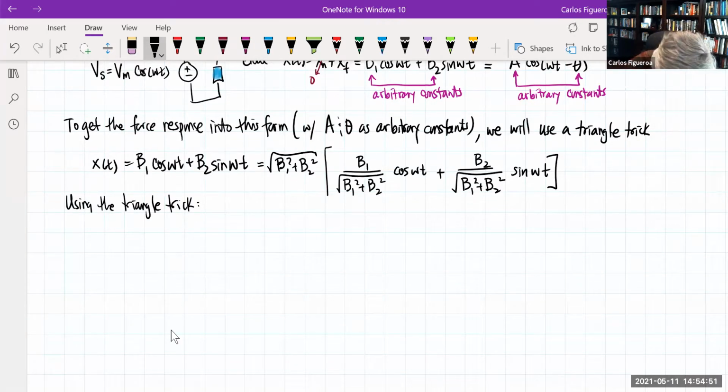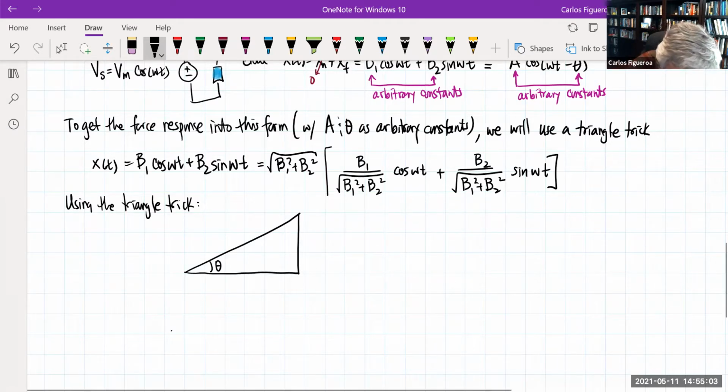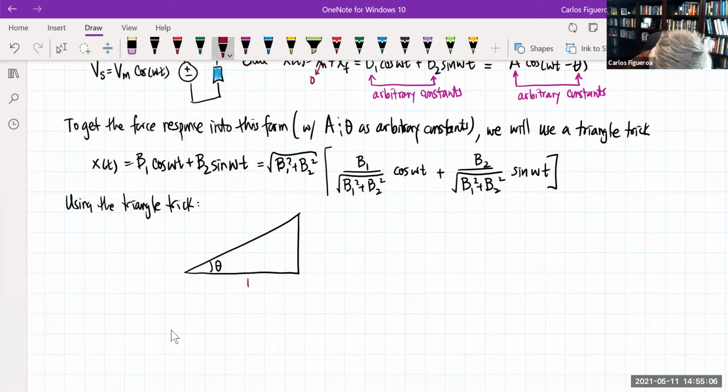So if I look at this thing here, let's set up my triangle. So here's my triangle. Then I could come in here and say, okay, check this out. I'm going to make this side B1 and this side B2. Then the hypotenuse, of course, is going to be the square root of B1 squared plus B2 squared.